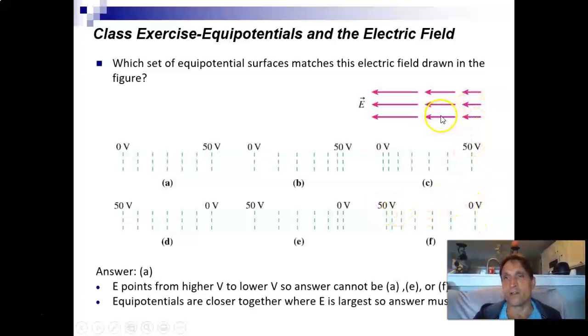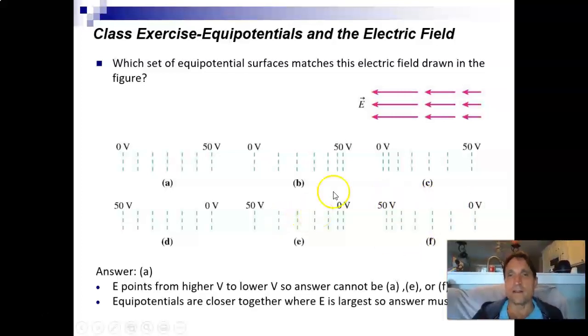No, the electric field is not pointing from lower to higher. It should point from higher to lower. So we can rule out F. If this were true, the electric field should be pointing to the right because it's higher potential here and lower potential here. So F can't be true.